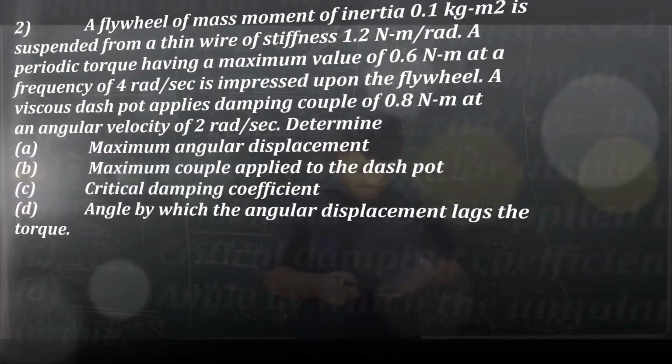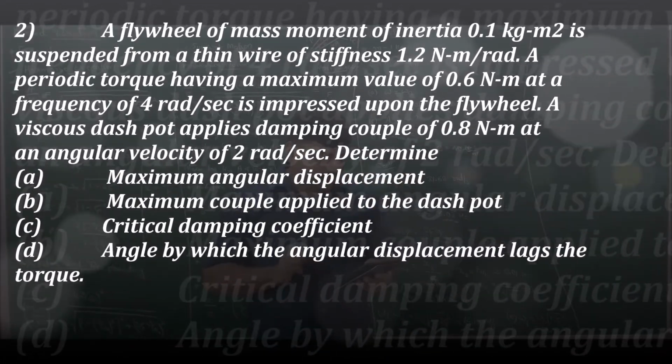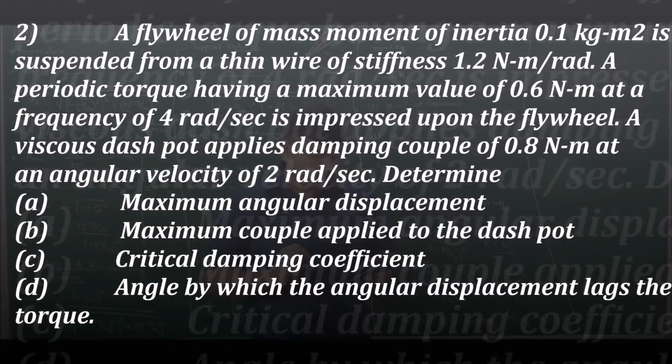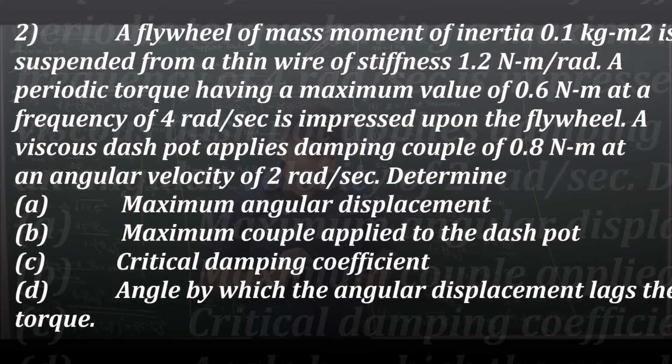Problem number 2 states that a flywheel of mass moment of inertia 0.1 kg meter square is suspended from a thin wire of stiffness 1.2 Newton meter per radian. A periodic torque having a maximum value of 0.6 Newton meter at a frequency of 4 radians per second is impressed upon the flywheel.